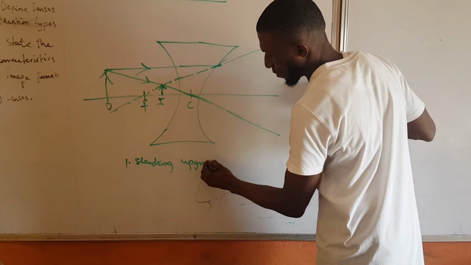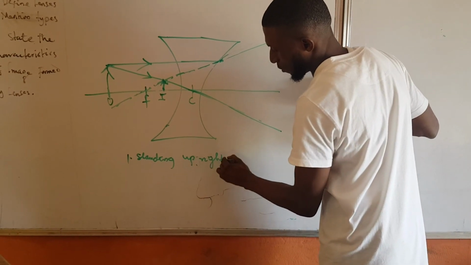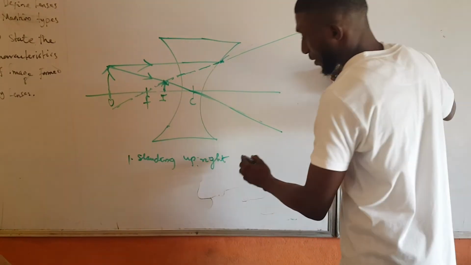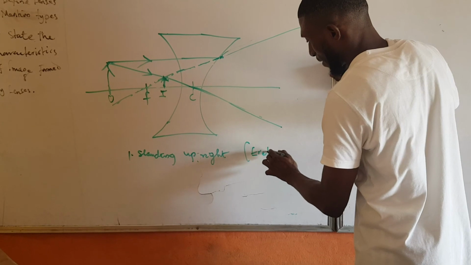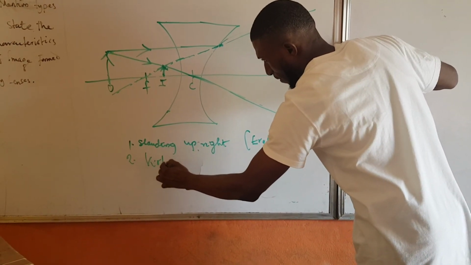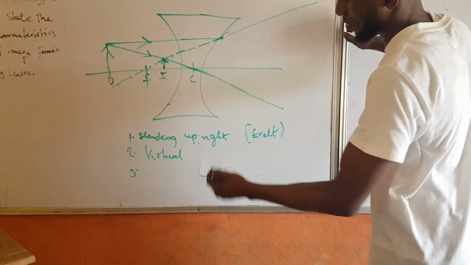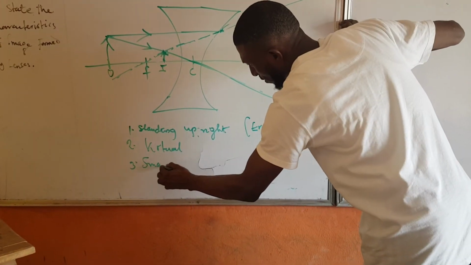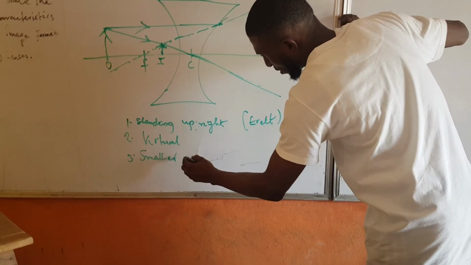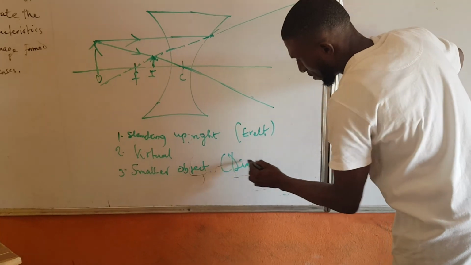All of the images are always upright, that is erect, and any image erect is virtual. And third, smaller than the object. The image is always smaller than the object, that is diminished.